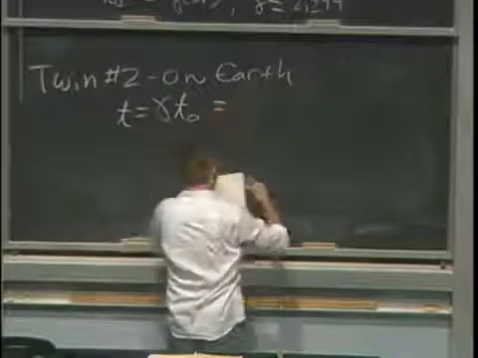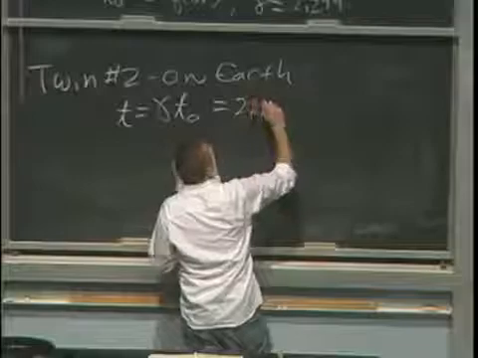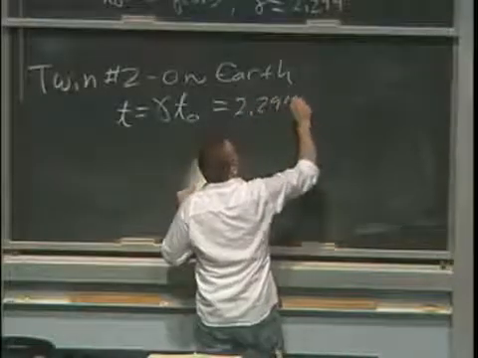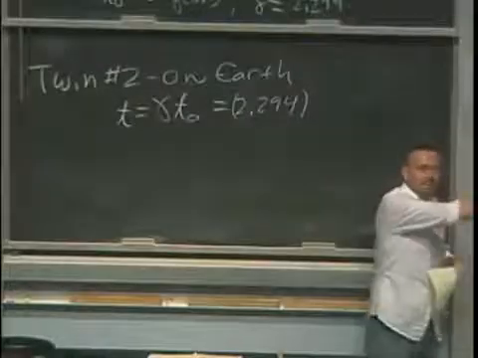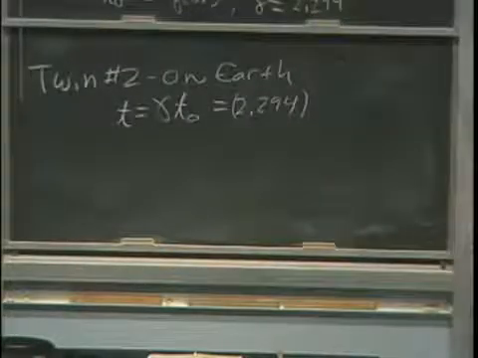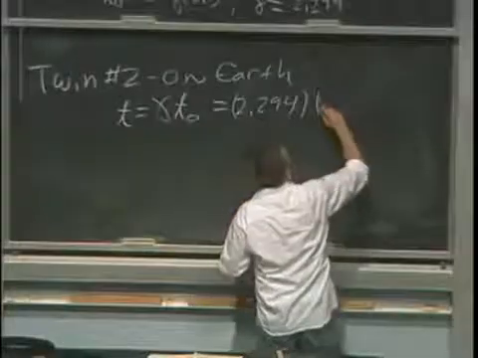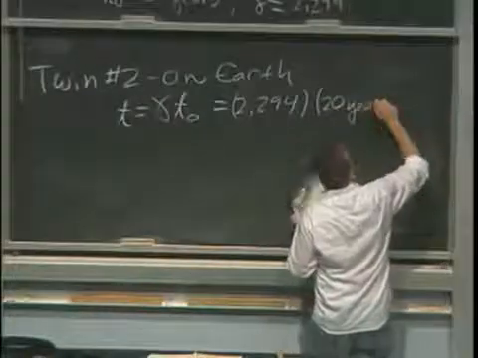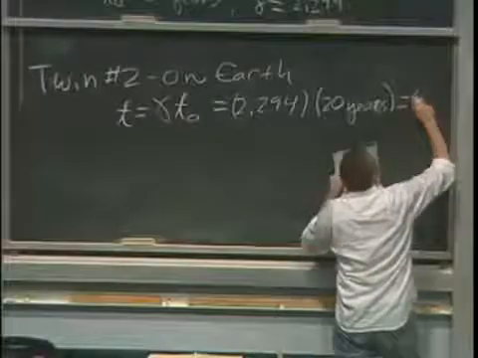And that is going to be equal to 2.294. That's the gamma factor. So this twin on Earth sees that gamma factor for the twin that travels out, and when the twin travels back, times 20 years, which is equal to 46 years.